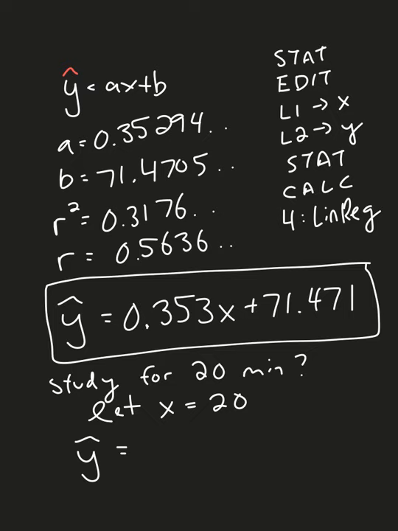And y hat comes out to 78.531. So you might say that, okay, if I study for 20 minutes, I might expect to get a test score of about a 78 or 79. Or you could certainly just use the precise decimal if you want. And that's the entirety of Standard 9, regression.